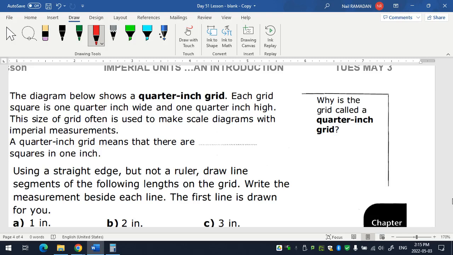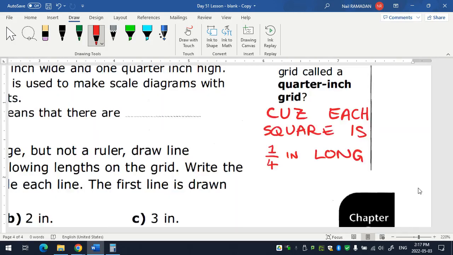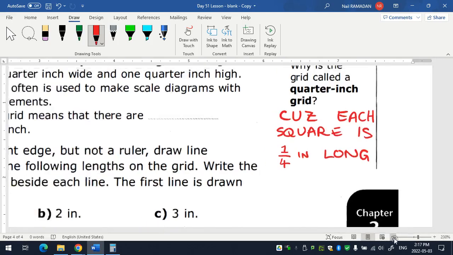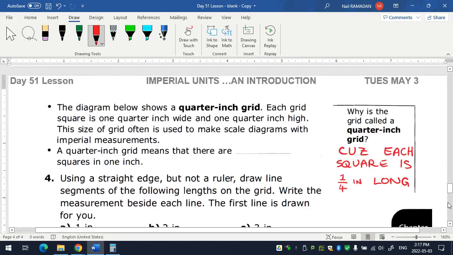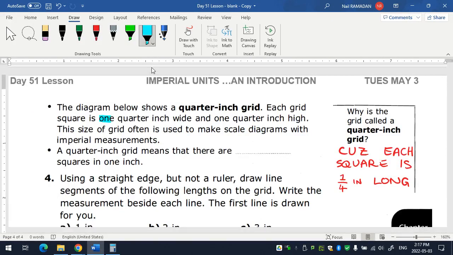So let's answer this question. Why is the grid called the quarter-inch grid? Each square is 1/4 inch long. The diagram below shows a quarter-inch grid. Each grid square is 1/4 inch wide and 1/4 inch height.